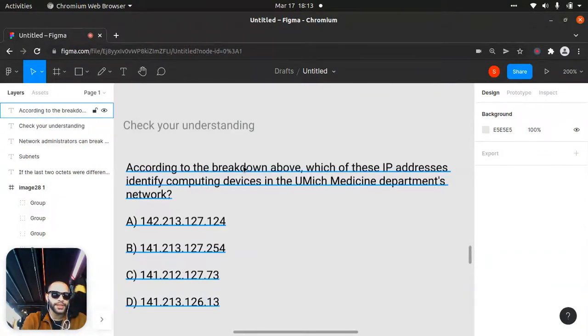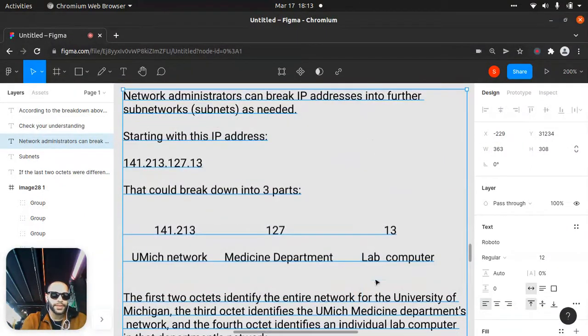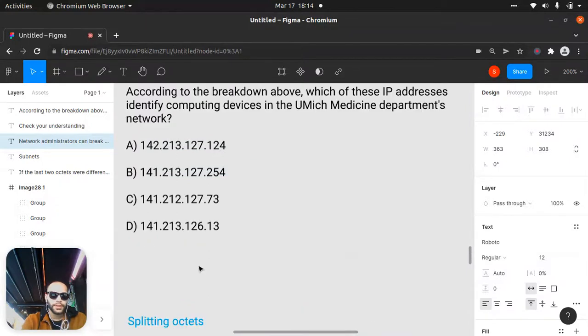First we start with the Umich network, and we put there 128, then the lab computer. Let's go there again and do the same thing.